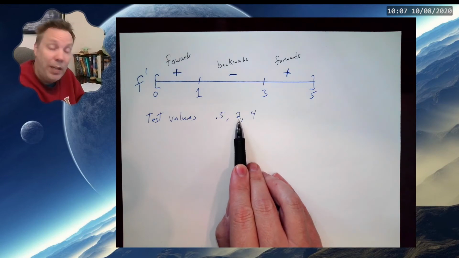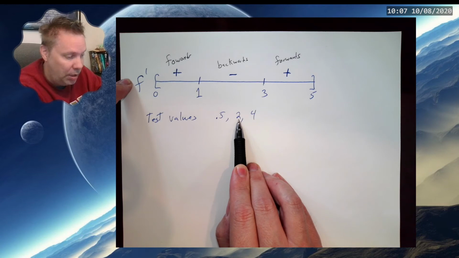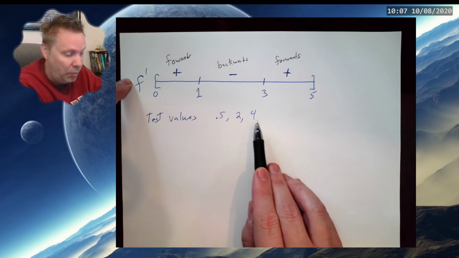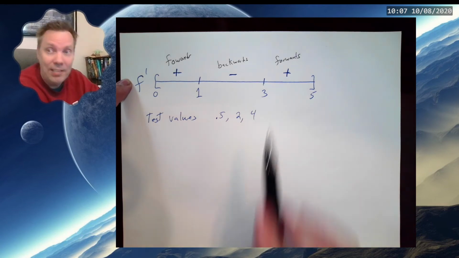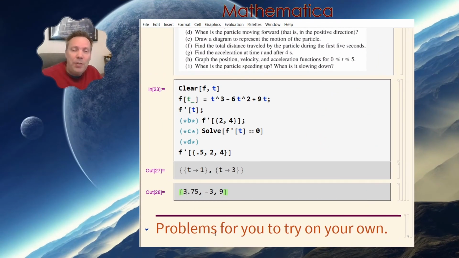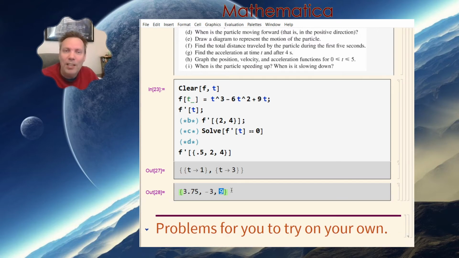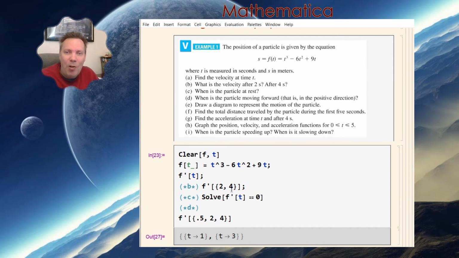When I plugged in 2 into the derivative, I wind up getting a negative answer. When I plug in 4, I wind up getting a positive answer again. So that's what these numbers actually mean down here, this 3.75, this -3, and this 9. Moving forwards, moving backwards, moving forwards again. And that's part D.